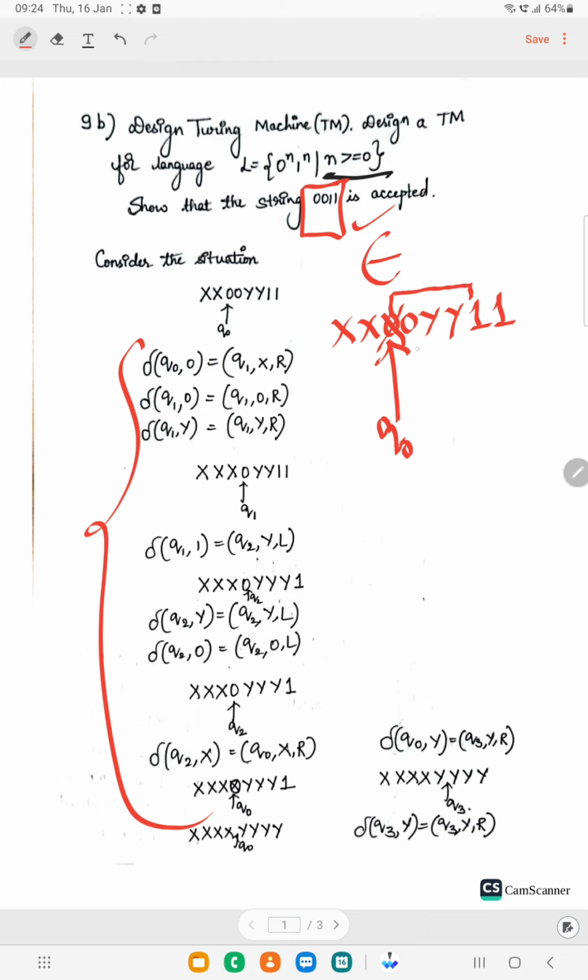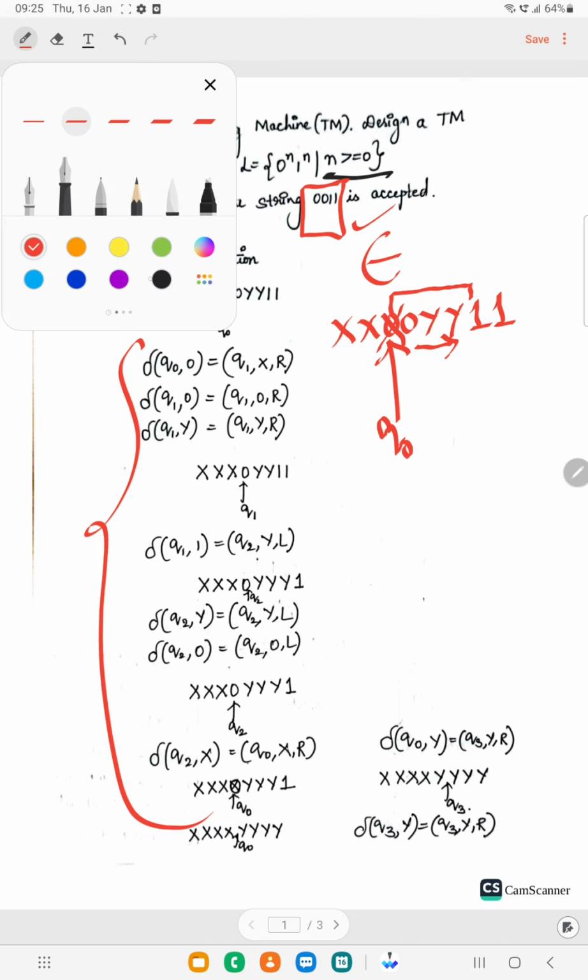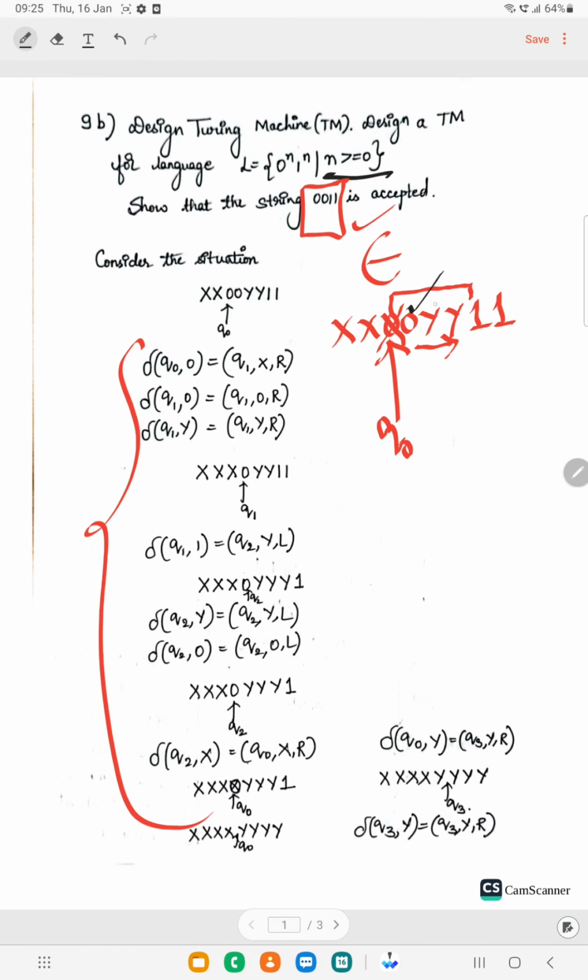The read write head will move cell by cell. So when we are moving for the first 0, we have replaced it by x, which indicates that it has been encountered. Now we have to check for its corresponding 1. In the process of moving to check for 1, what all we may encounter? We may encounter 0, we may encounter y, right? So for 0 and y also we have to write transitions.